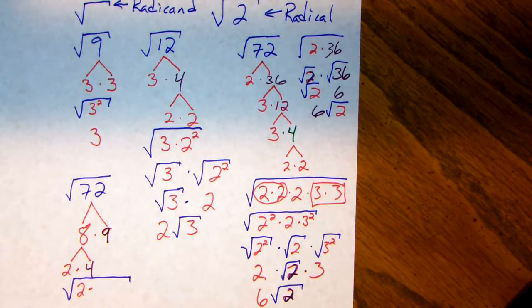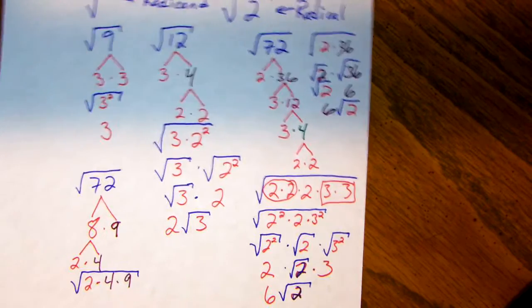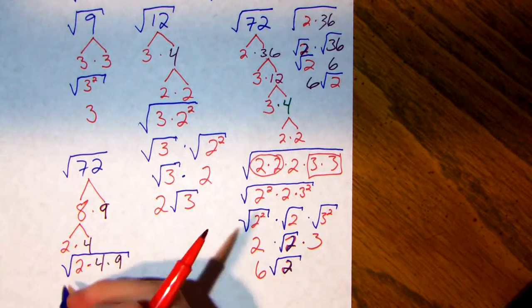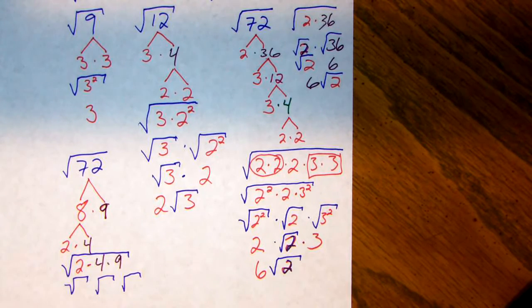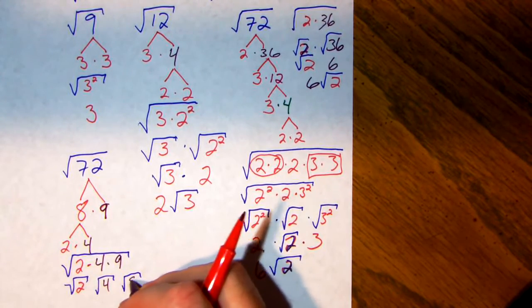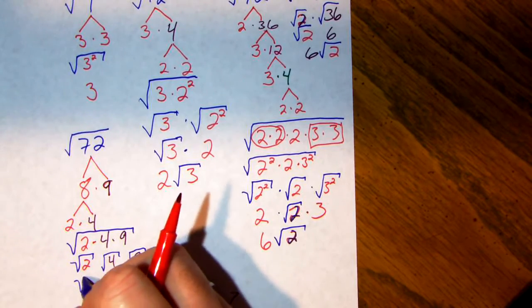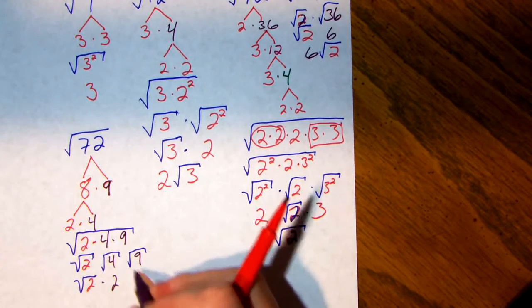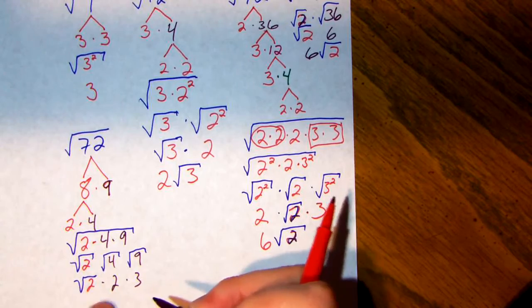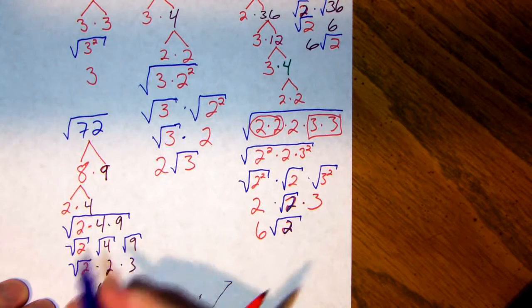It's 2 times 4 times 9. And then as I break that into its 3 unique radicals, square root of 2, square root of 4, and square root of 9. Square root of 2 can't be simplified. Square root of 4 is 2, square root of 9 is 3, and I get my 6 again. So now I have 6 root 2.